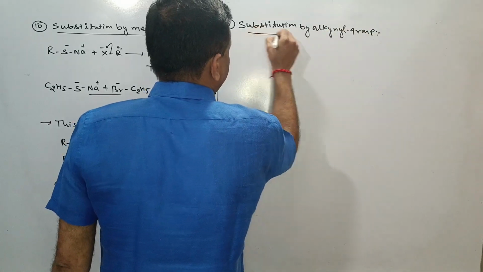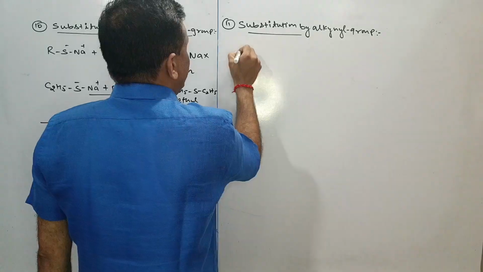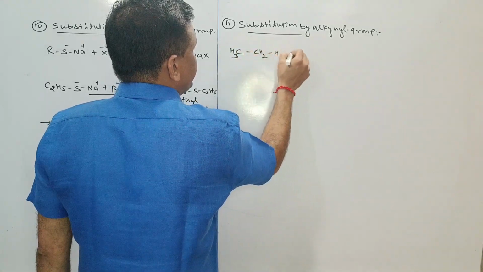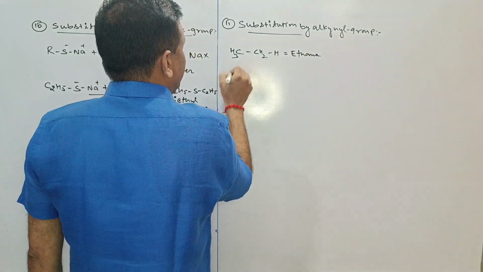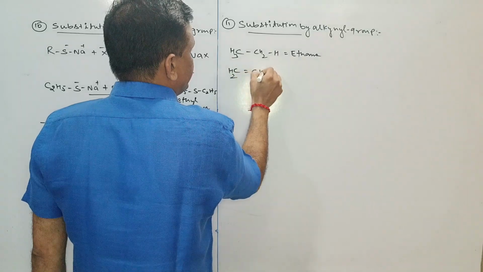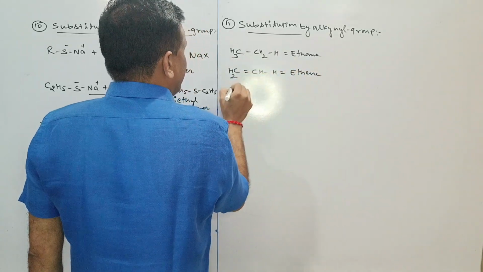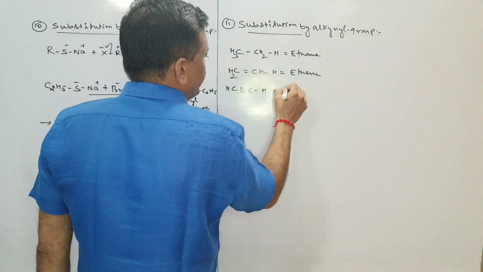Alkynyl group. In class 11th you have discussed this is the alkane. As an alkane you can take ethane. As an alkene you can take ethene like this. As an alkyne you can take ethyne like this.